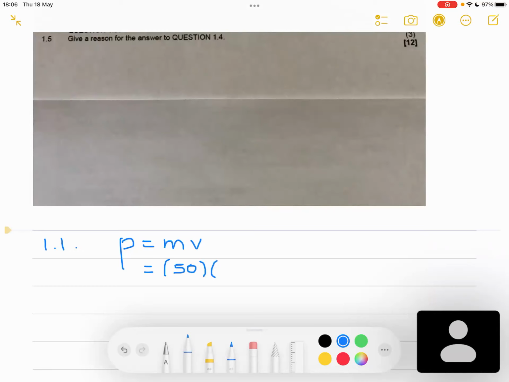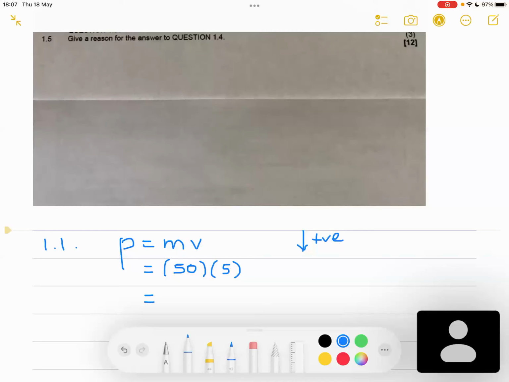And she lands on the ground with a velocity of 5 meters per second. So she's jumping towards the ground. If I'm taking downwards to be positive, then in my substitution here, I just have +5.